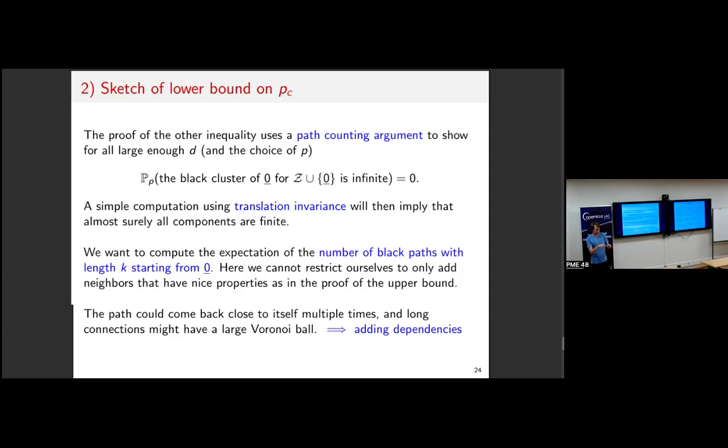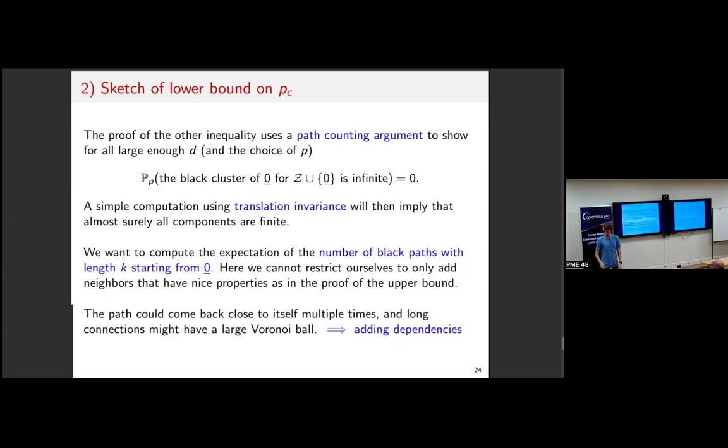And so you want to basically compute the expected number of paths starting from this typical point where all the points of the path are black, and then say that this expected number is decreasing with the dimension. You also have to take into account that the path you are looking at could come back a lot of times to places where you were already in the past, and this will again create some dependencies that you never want when you analyze those things.